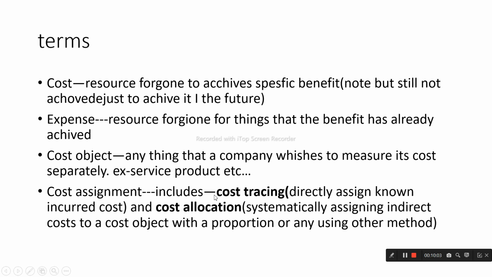So cost assignment contains two things: cost tracing and cost allocation. Cost allocation is allocating the total indirect costs to the cost object. However, cost tracing is allocating the total direct costs, which is direct material, it might be direct labor costs, to one product or one cost object.